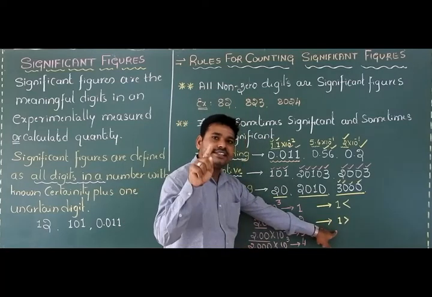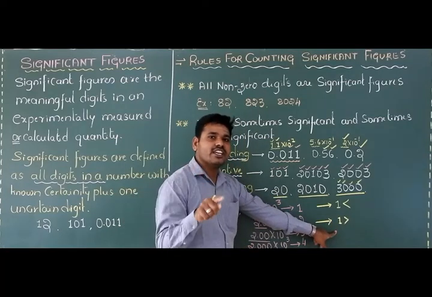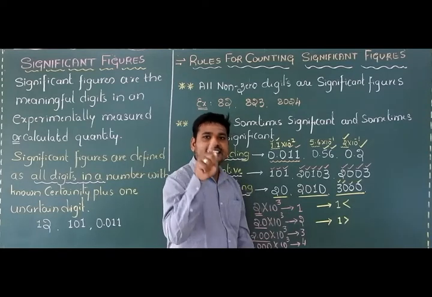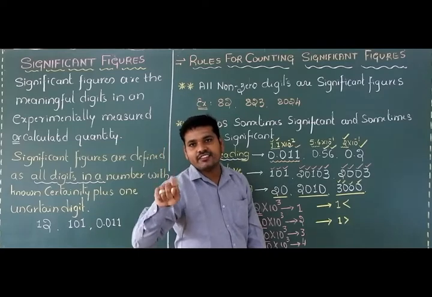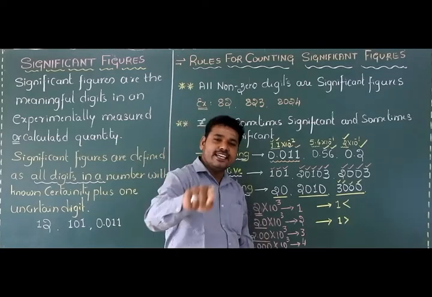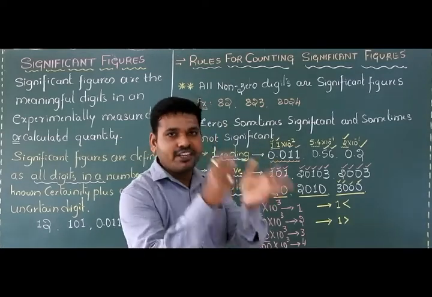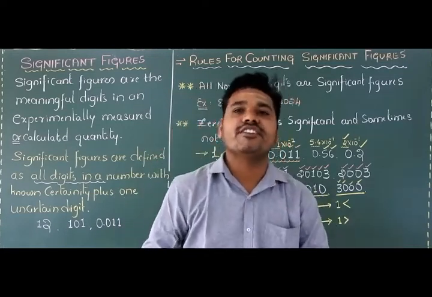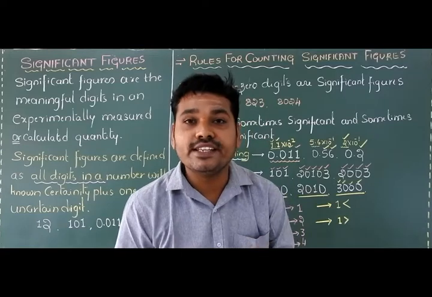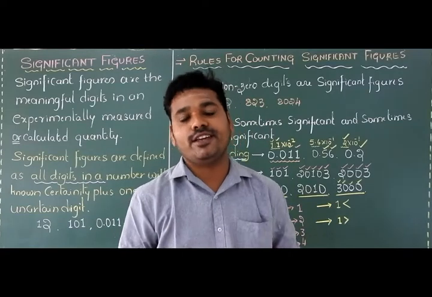If the number is less than 1, in such cases only the zeros which are present at the right end of the number and the zeros which are present between the two non-zero digits are counted as significant figures, students. Please remember this point carefully.